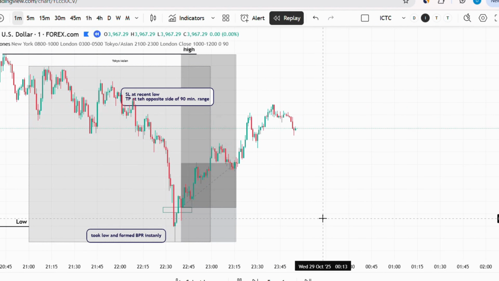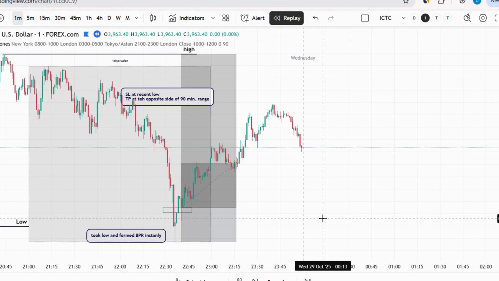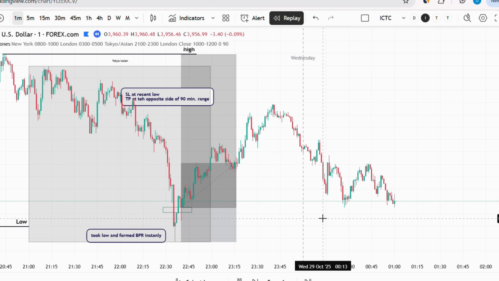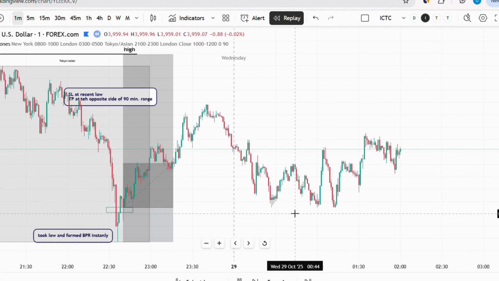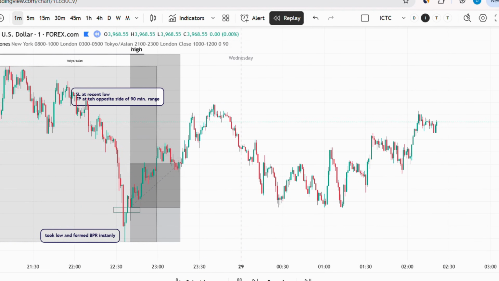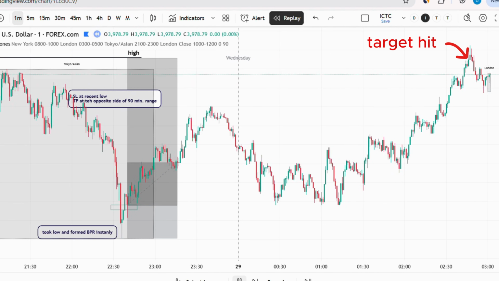Especially on gold, this approach shines because these ranges and session behaviors are highly reliable. Remember, the moment price interacts with the 90-minute range and forms an instant BPR, you're ready. High probability trades, clear stops, clear targets, and big risk reward. That's the Venom model in action, optimized for real-time, high RR trades.